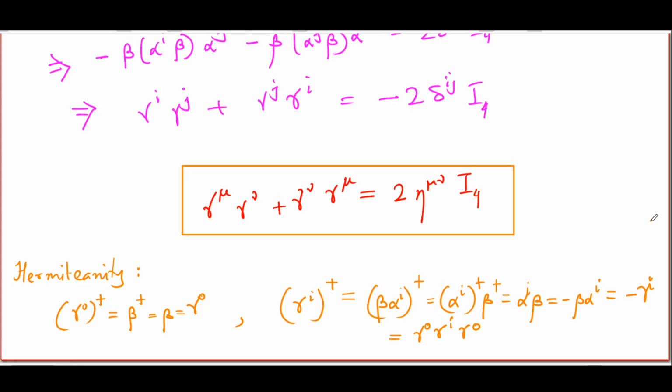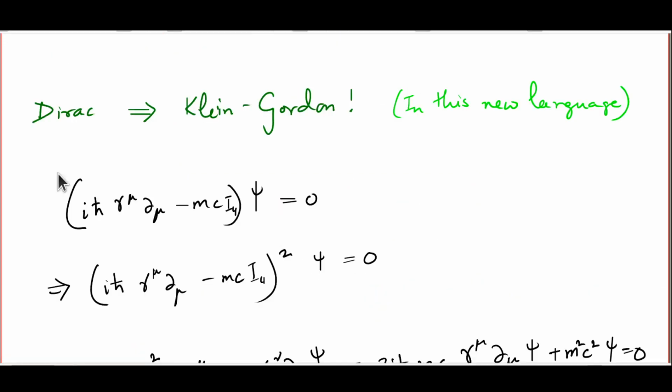But gamma 0 dagger is gamma 0, which also obviously can be written down as gamma 0 gamma 0 gamma 0. So we can put both of these adjoint relations together and write down a single one, which is gamma mu dagger, where mu could be either 0, 1, 2 or 3, as simply gamma 0 gamma mu gamma 0. This is going to be very handy in later lectures.